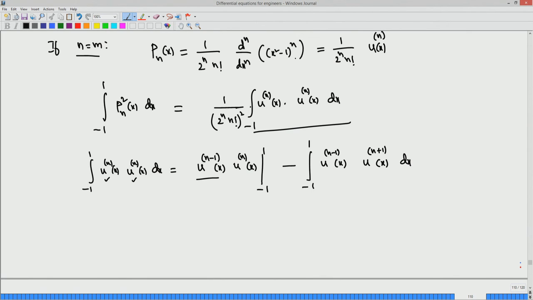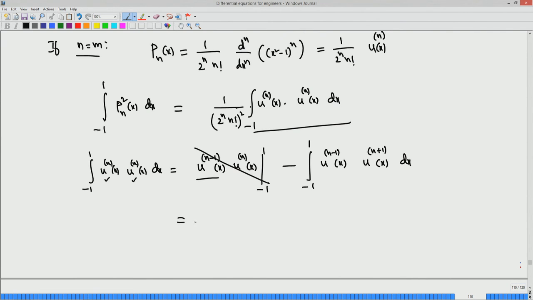When you differentiate n minus 1 times, you will still have a factor x square minus 1. When you put minus 1 and plus 1, that will be 0. So, when you bring one derivative, you have the integral from minus 1 to 1 of this. You integrate one more time, this will become plus. So, you do the same technique.